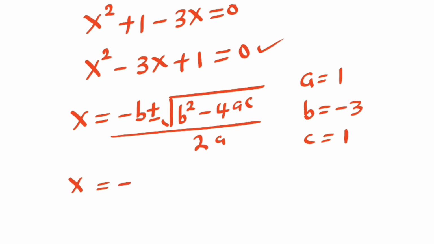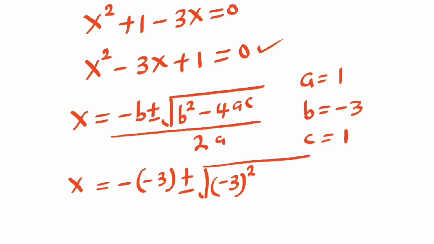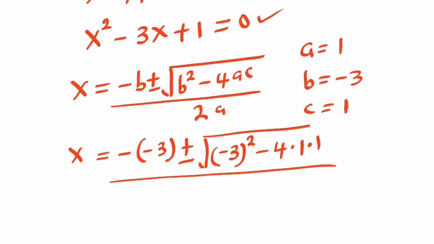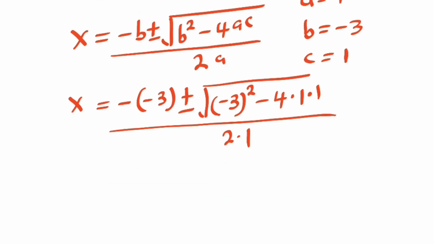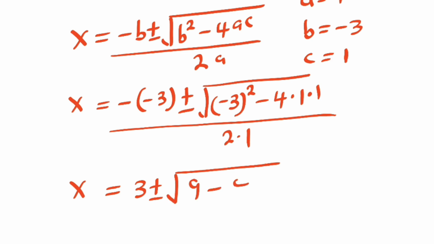S is equal to minus bracket minus 3 plus or minus square root of minus 3 square minus 4 multiplied by 1 multiplied by c is 1 divided by 2 multiplied by 1. S is equal to minus multiplied by minus 3, this is 3 plus or minus square root of negative 3 square, 9 minus 4 multiplied by 1 multiplied by 1, that is 4 over 2 multiplied by 1, 2.